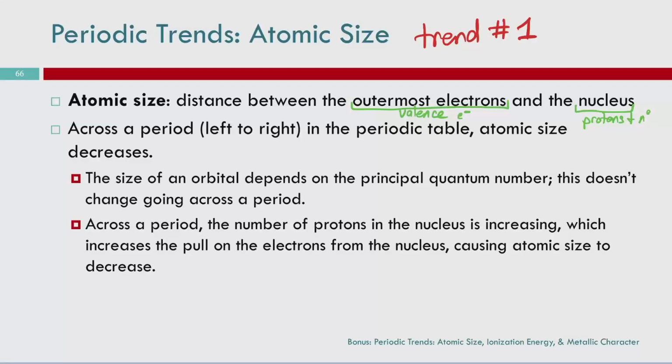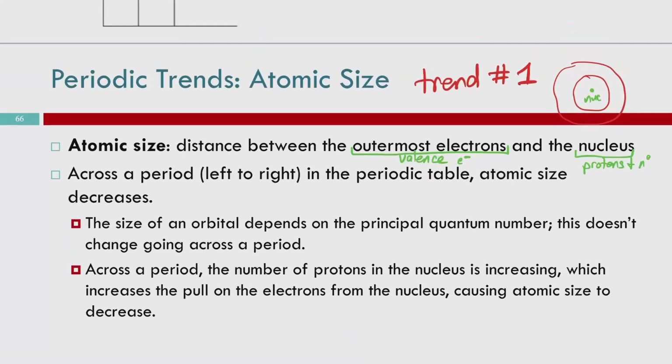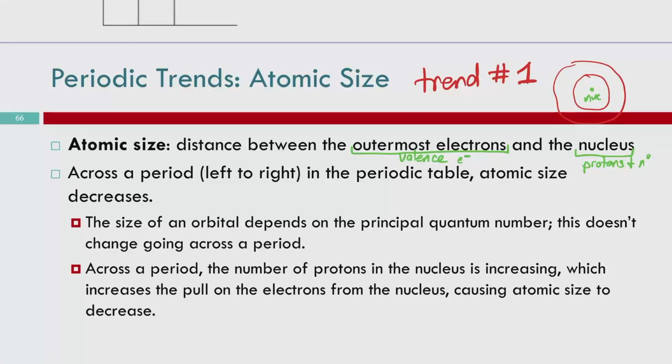And I'm going to run out of space, so I'm writing n to the 0. So our nucleus, drawing out a Bohr model because it's the easiest to think about. The distance between whatever our valence electrons are, let's say that we've got 2, and our nucleus. It's this distance.